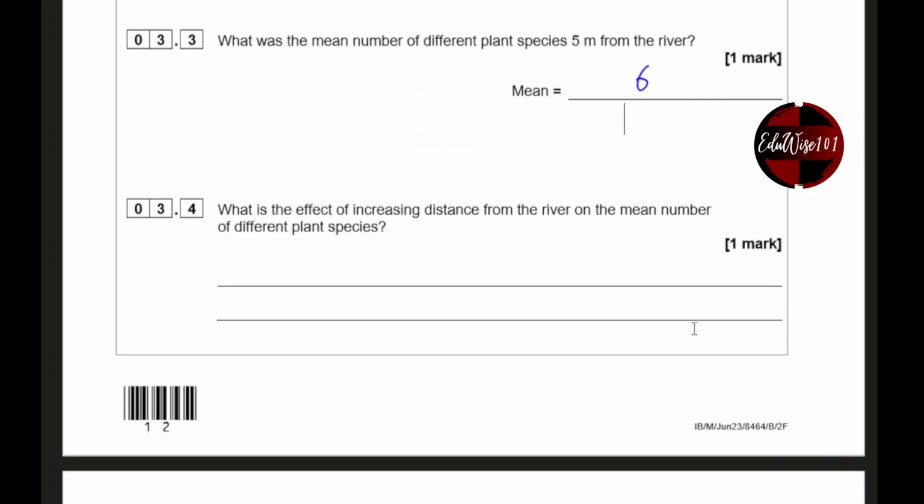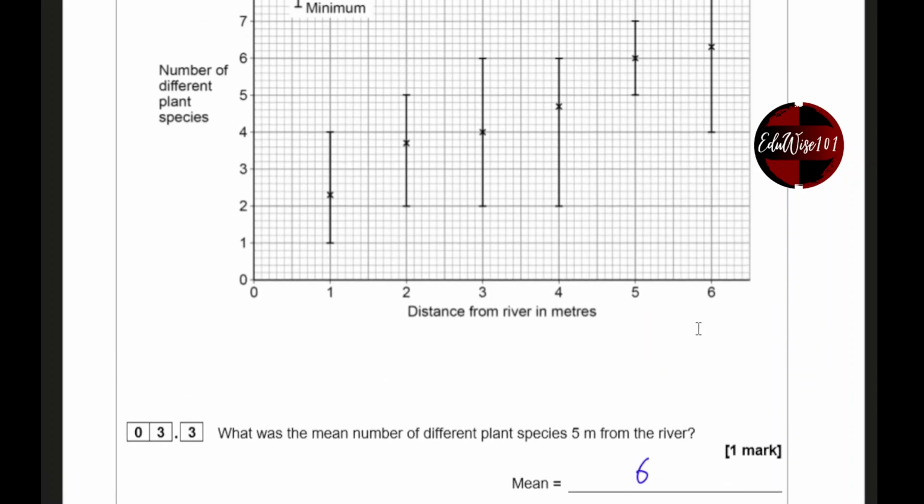Now, what is the effect of increasing distance from the river on the mean number of different plant species? As you increase the distance from the river, the mean number of plant species is slowly increasing.